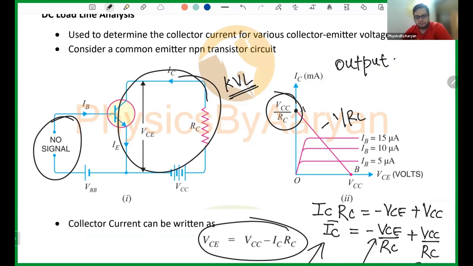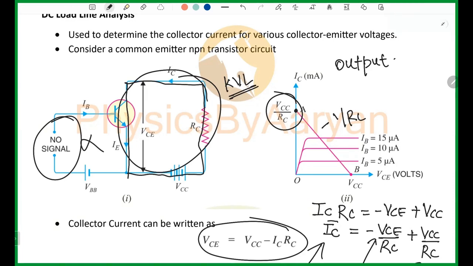Do you agree that even if I do not apply this signal, this loop is still closed? I can go from here, move here, come back here, and finally come back here. So this loop is closed no matter if the signal is applied or not.